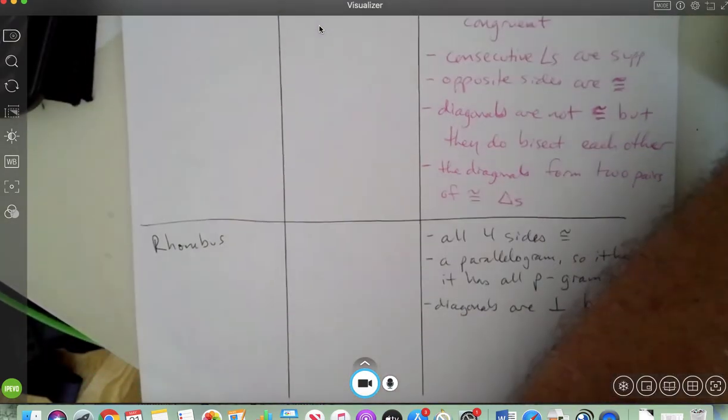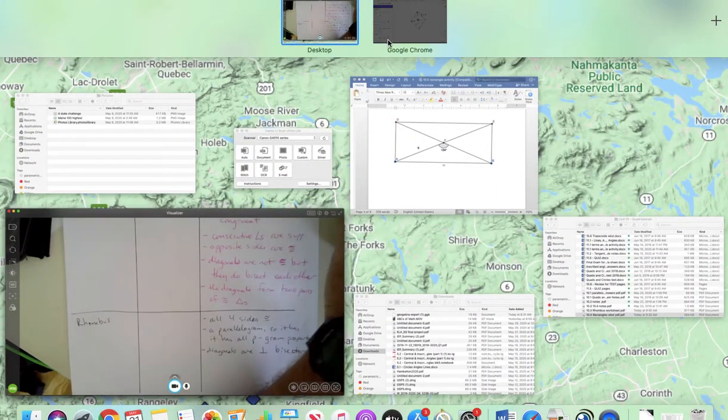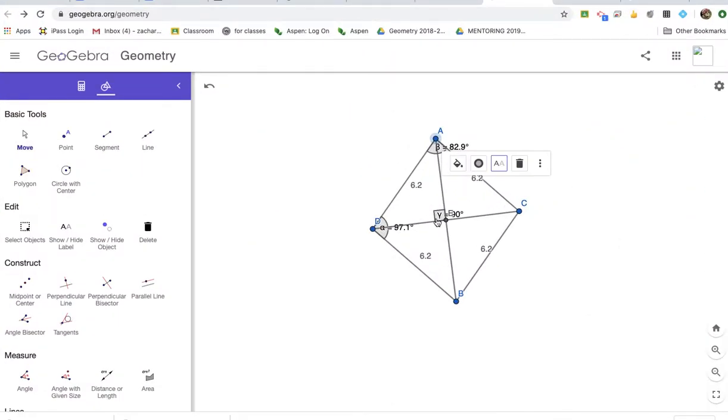Because this is a right angle, we have a whole bunch of right triangles, so the diagonals form 4 right triangles. We're going to be using the Pythagorean theorem here.